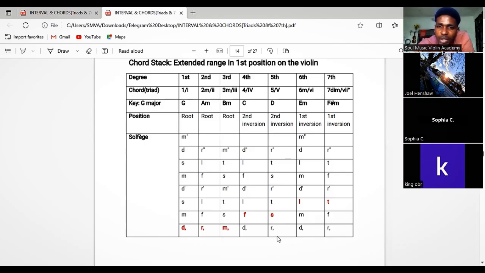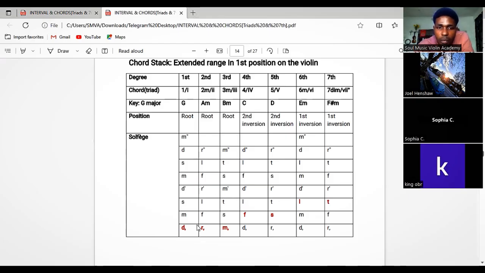Now the reason why I stack these chords like this is for voice leading, and we'll come back to this. If I want to voice lead from this chord to chord 1, let's say you have the chords 1, 4, and 5.